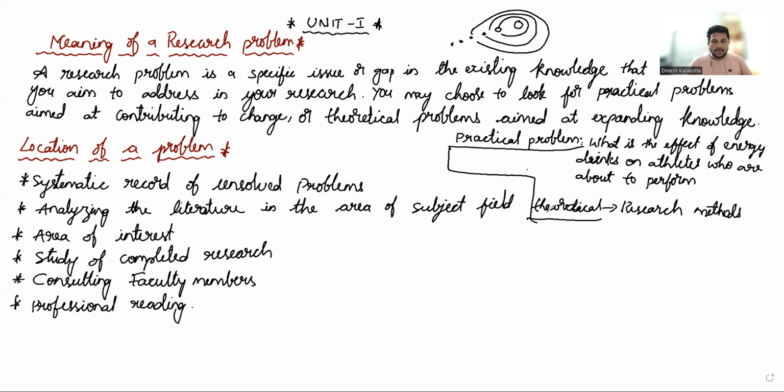As I told you, there are climatic changes and everything. If you are addressing climatic seasons, you should know the existing knowledge; then only is it possible for you to locate the problem.